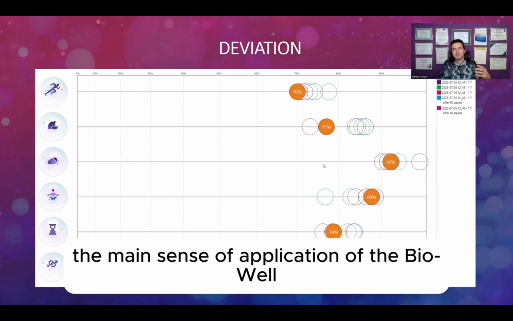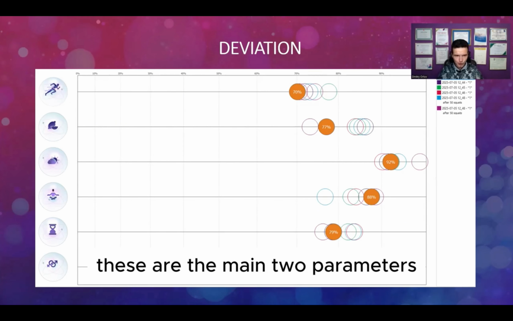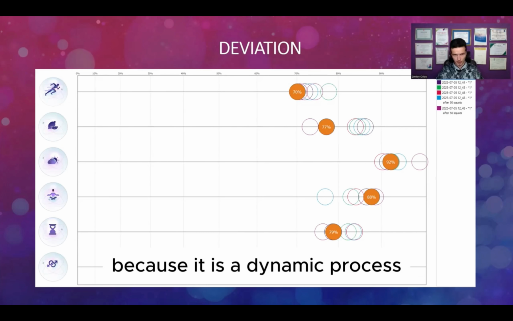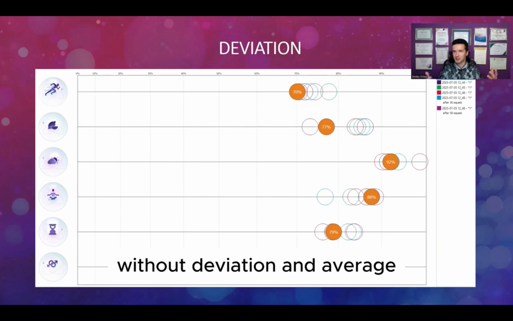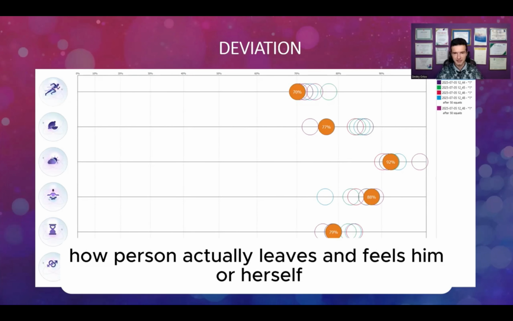So actually, the main sense of applying BioWell is about looking into deviation and average values. These are the two main parameters for actual analysis of the wellness of the person, because it is a dynamic process. Without deviation and average, it's hard to really understand how a person actually lives and feels.